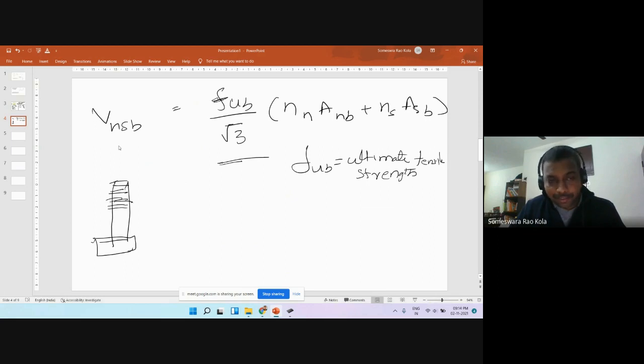We don't want to provide the threading throughout, the reason being that when you provide threading, you take off some material, so that will decrease the net section area that we have. We are talking about shear, so a shear plane can pass through the threaded area or through the unthreaded area. This NN is the number of shear planes passing through the threads.